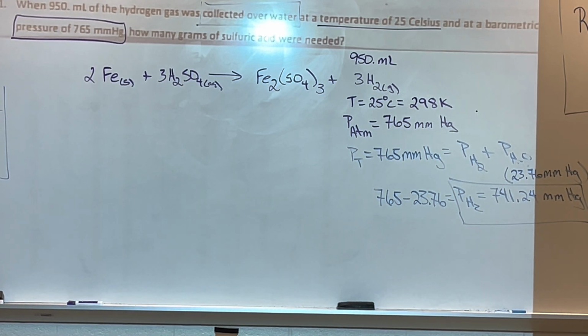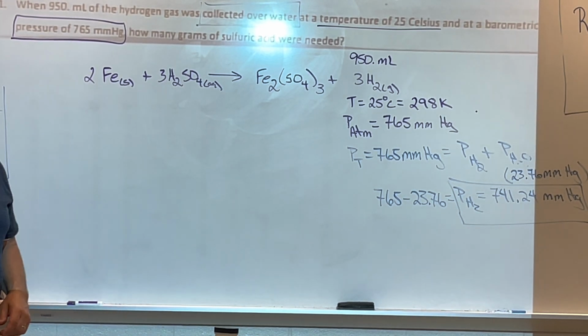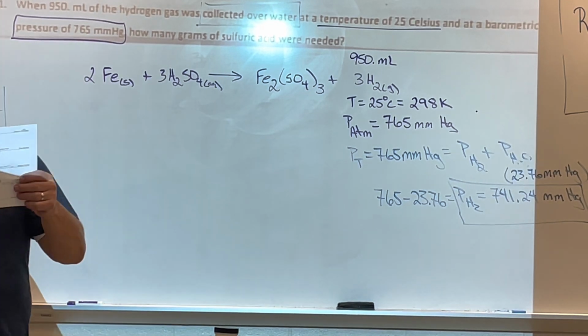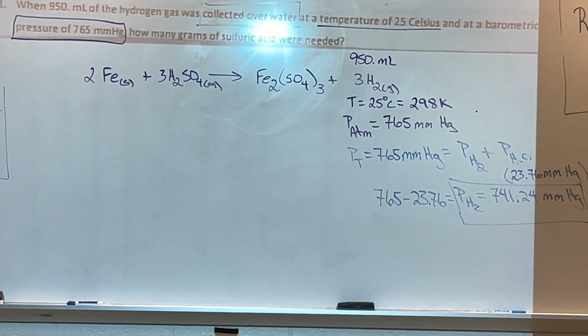Okay, now look at your stoichiometry roadmap. We're given a gas not at STP. We're down here. So we have to do this in two steps. So how do I find moles?